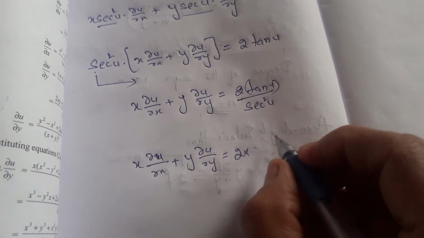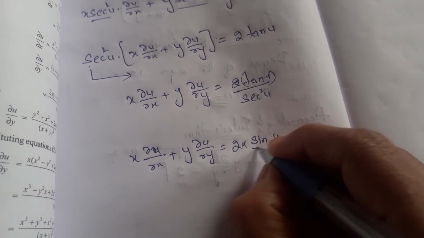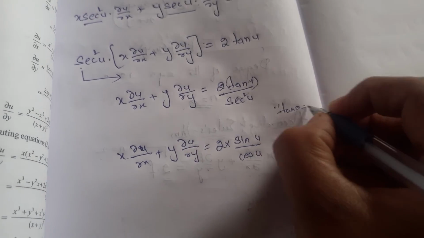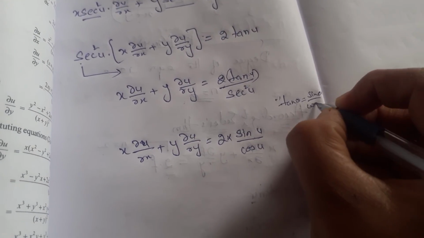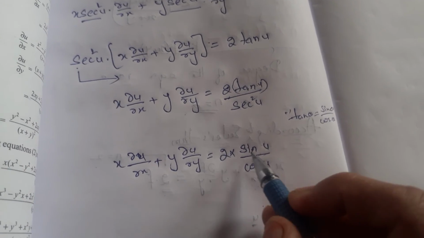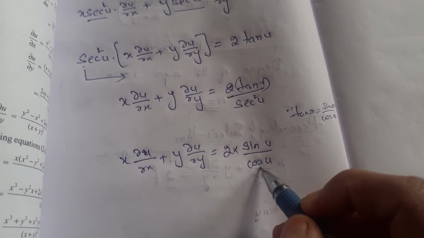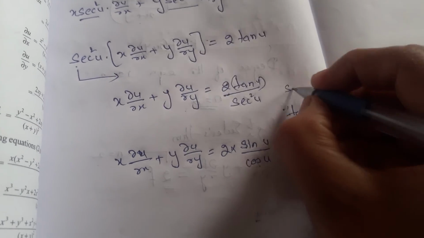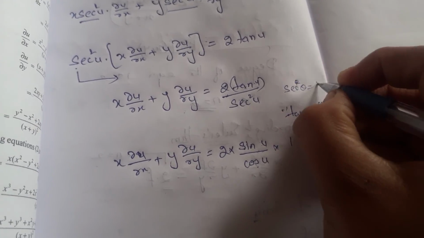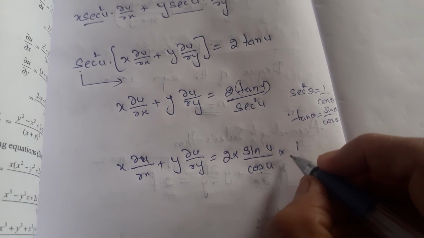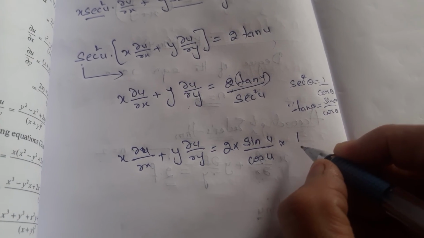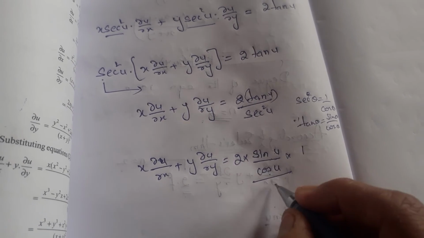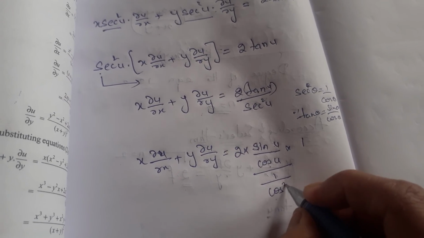I am converting tan u to sin u by cos u, since we know that tan θ is equal to sin θ by cos θ. And in place of sec² u, we know that sec θ is equal to 1 by cos θ, so sec² u becomes 1 by cos² u.